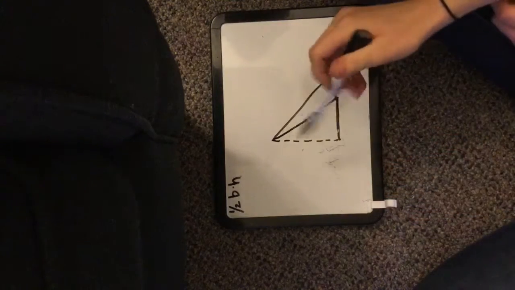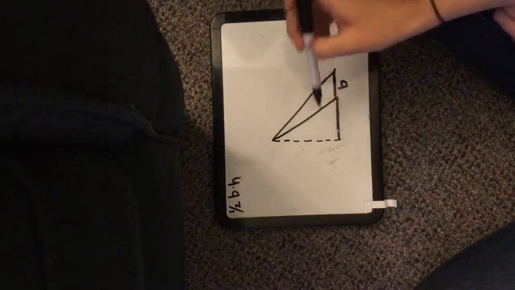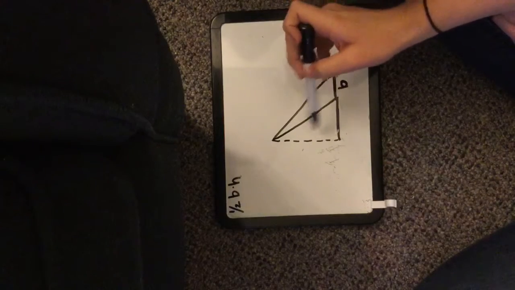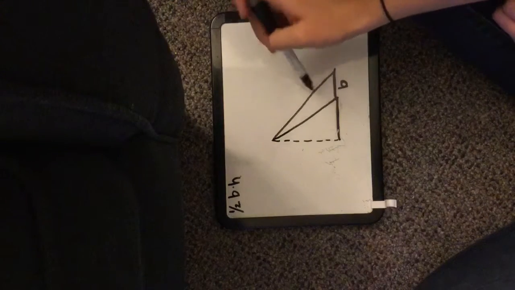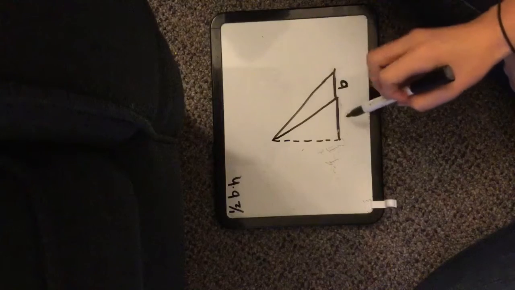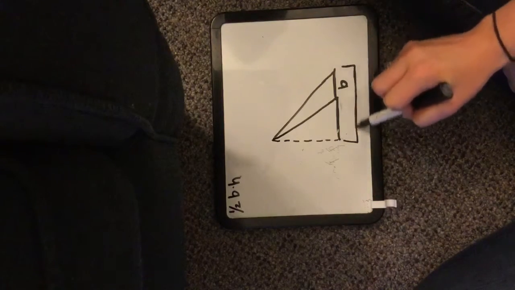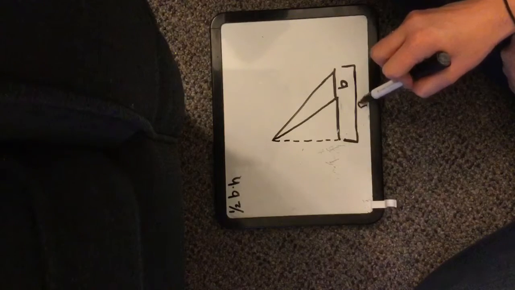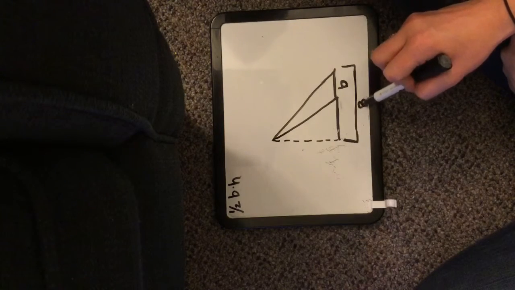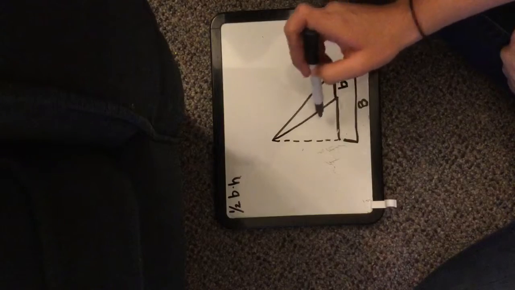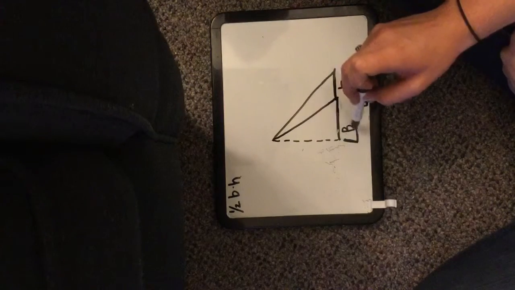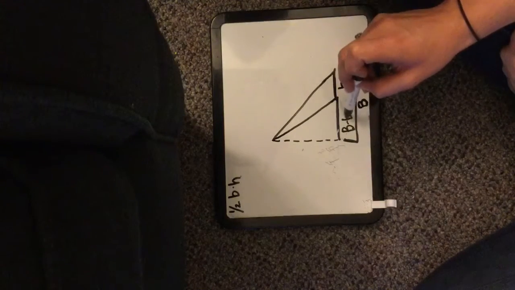Now that we found the height of our triangle, we have our original triangle, another smaller triangle, and one large triangle. So we're going to call the base of the large triangle big B, and the base of our new smaller triangle big B minus little b.